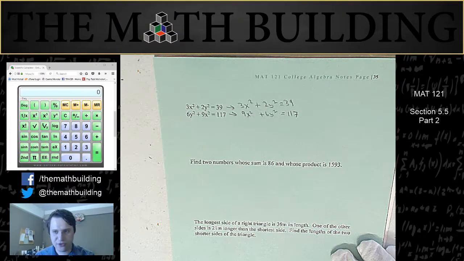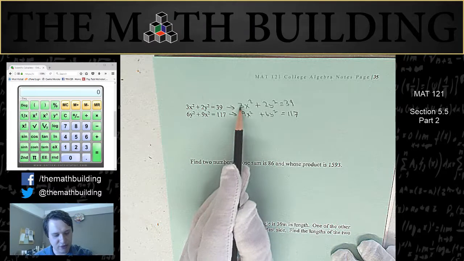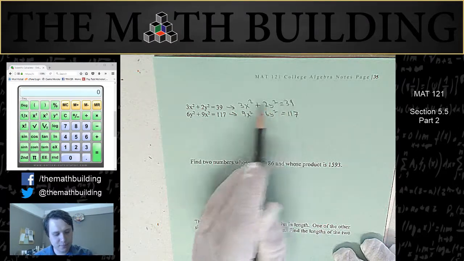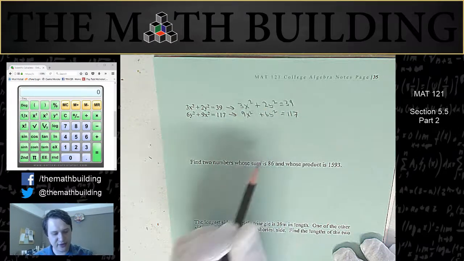Okay, with that being said, I noticed that if I multiply by -3, then I'm going to be able to cancel the x's.